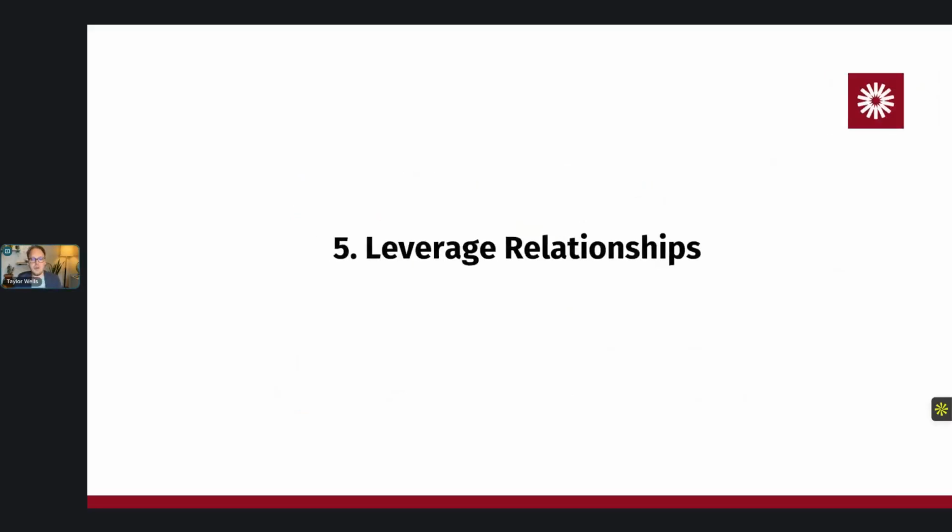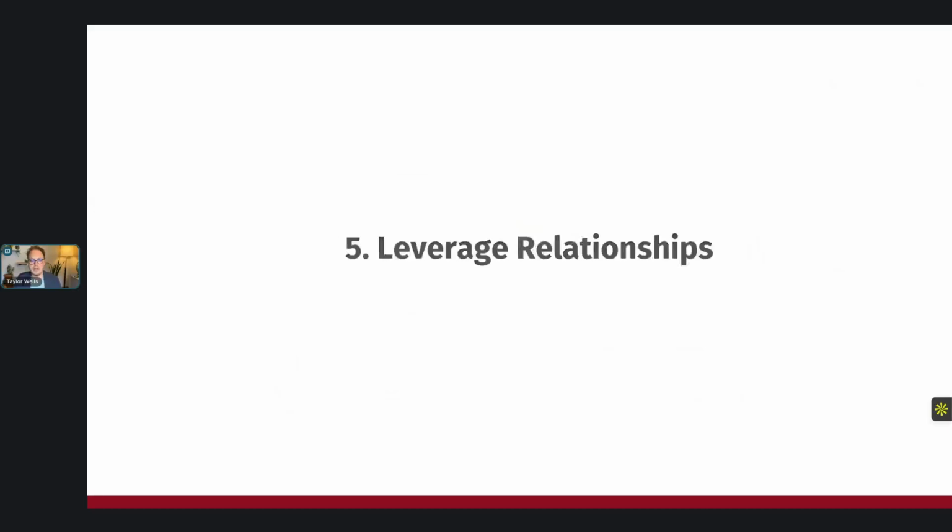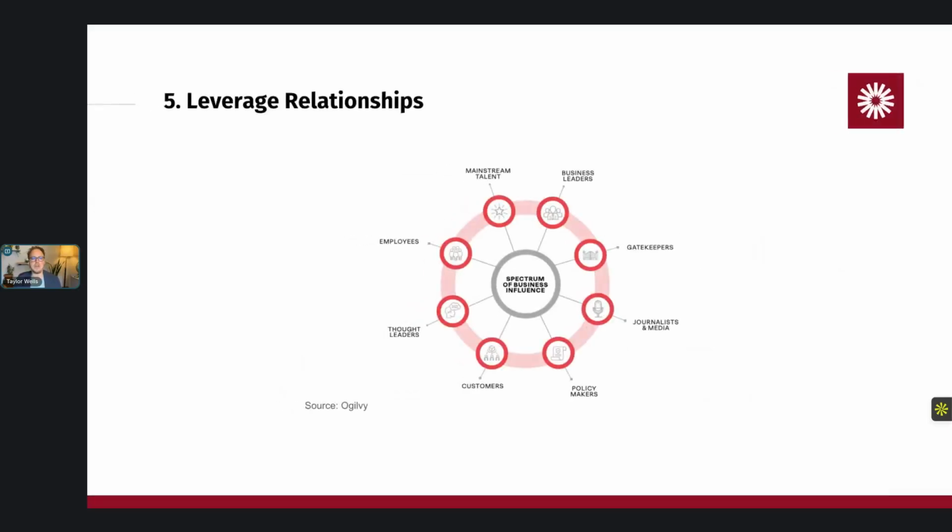Let's get into some more tactical stuff. Number 5 is leveraging relationships. This is obviously a strategy, a whole bucket, but it also gets really tactical in a second. I love this graph that talks about the spectrum of business influence, and centers of influence is another term for this.